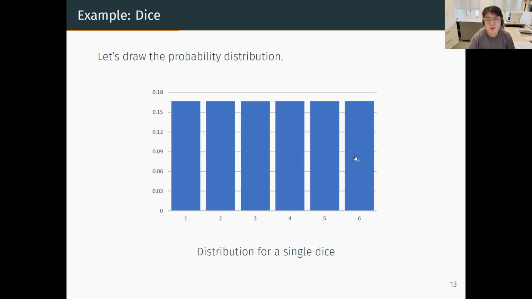And then what I wanted to show you here is the single dice distribution. When you have only one dice, you are going to get this distribution. 1, 2, 3, 4, 5, 6 have equal probability, about 0.16, 1 over 6, right?